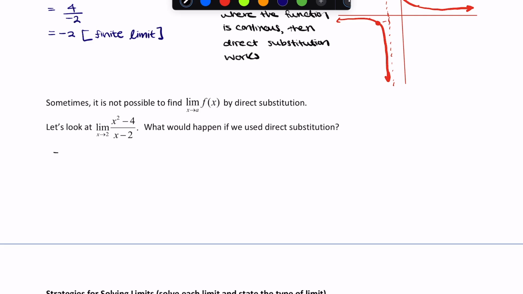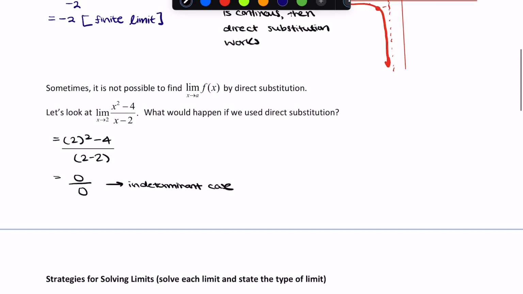We sub the value of 2 in. It's 2 squared minus 4 over 2 minus 2, which gives us 0 over 0. And 0 over 0 is this indeterminate case. It doesn't actually tell us anything about the limit.